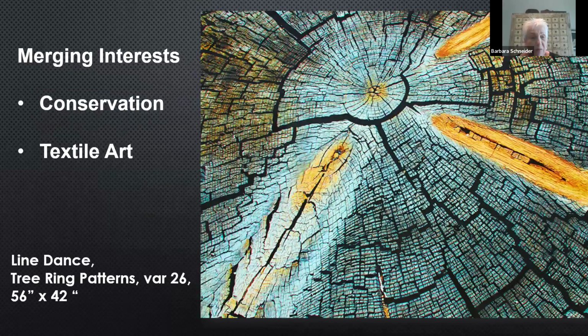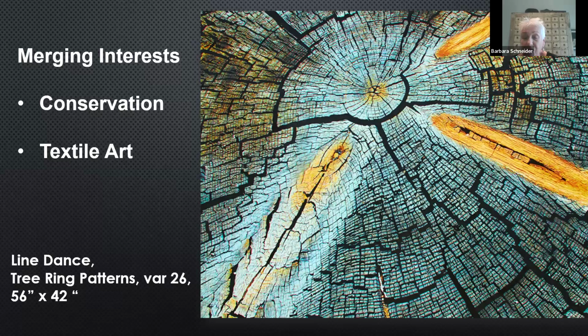So today I'm going to talk a bit about how I've merged my two, I don't know what word I want here, my two passions, I guess, conservation and textile art. And as I talk about that, I'll be showing different examples. This, for example, is called Line Dance, and there's a whole series that's about things that I find as I walk in the forest.